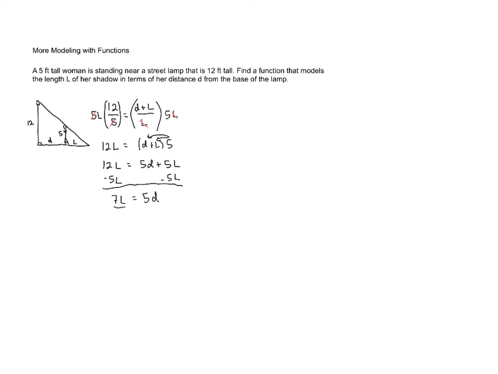And then to get L alone, we divide both sides by 7, and this gives us L equals 5/7 times d. And so this is how we can write L as a function of d. The length of the shadow is going to be 5/7 times the distance that the woman stands away from the lamp post.